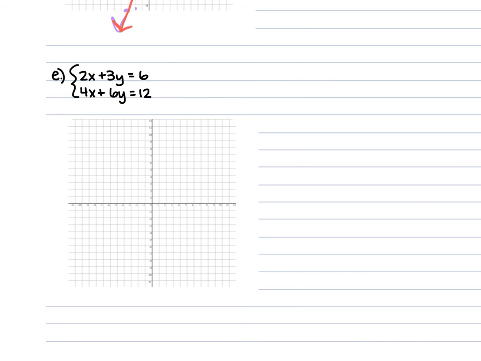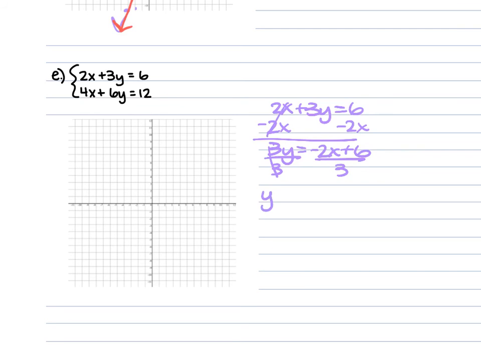For E, we have 2x plus 3y is equal to 6. I'm going to subtract the 2x from each side, so 3y is equal to negative 2x plus 6. Then divide by 3. We have y is equal to negative 2 over 3x plus 2.